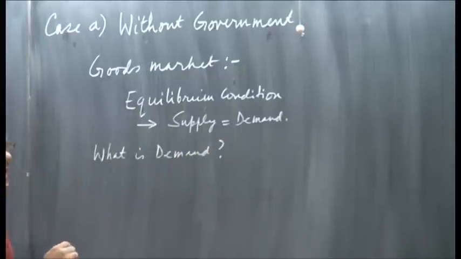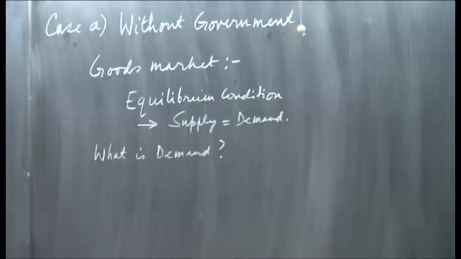Now, what is demand? Go back to the expenditure approach under national income accounting methods. What did I say there? The total value of goods and services produced in the economy is indirectly measured in terms of the expenditures incurred on consumer goods, investment goods, government goods, exports minus imports. Take a simple case.